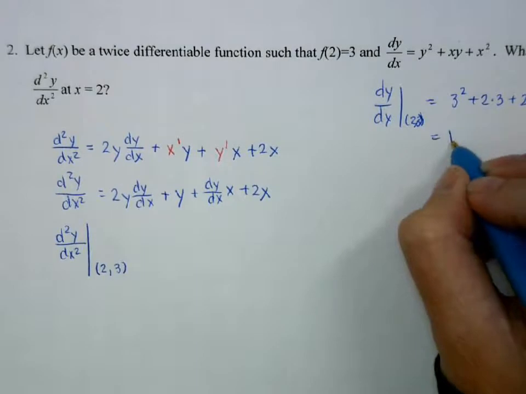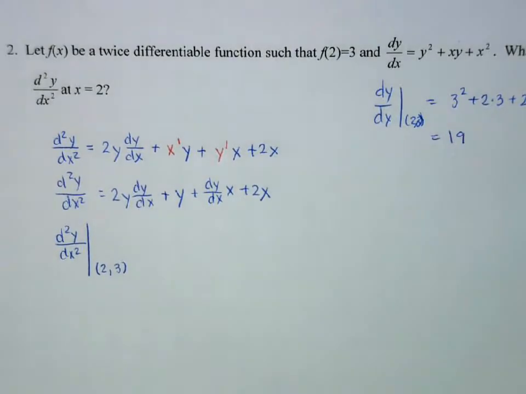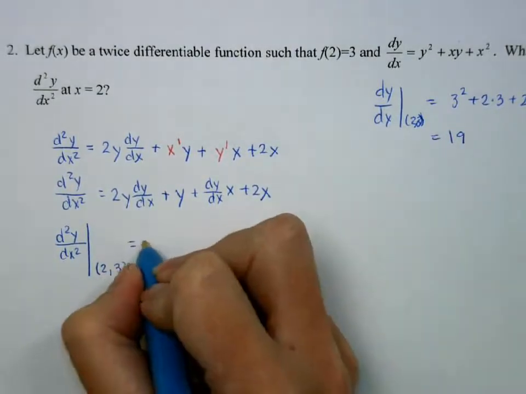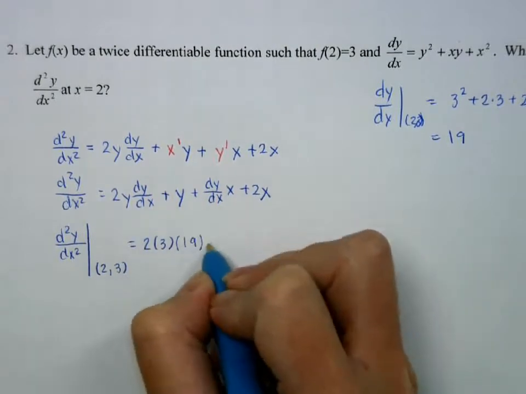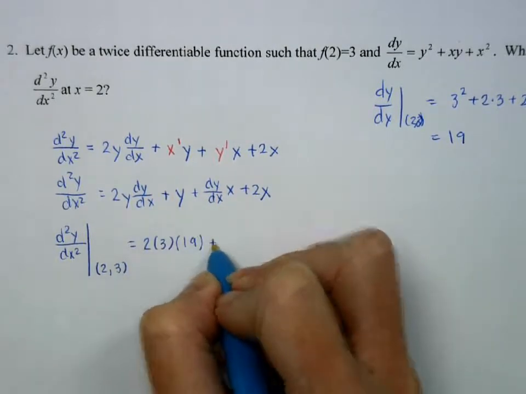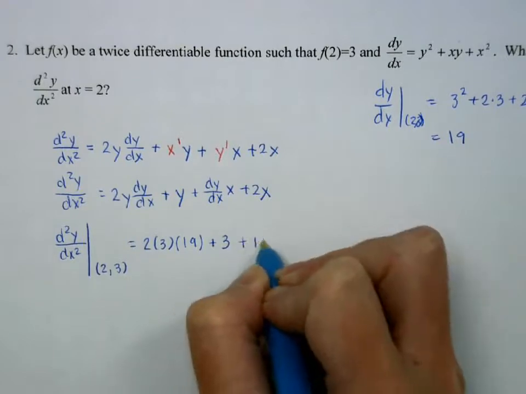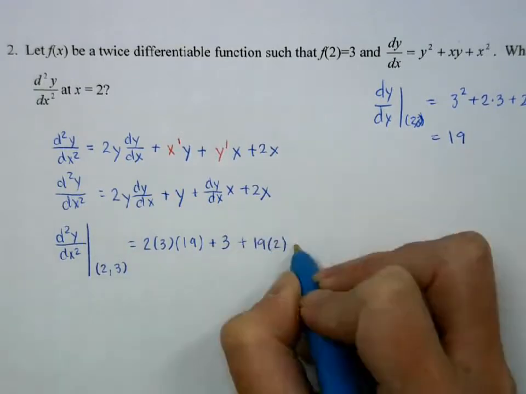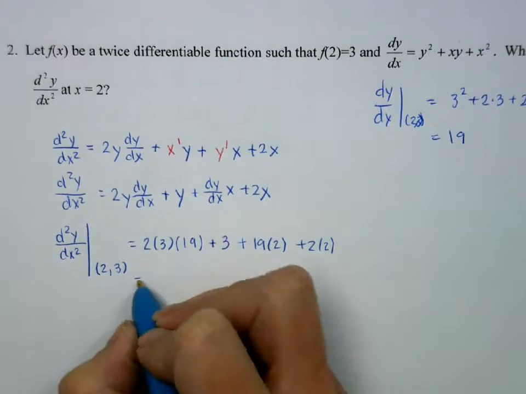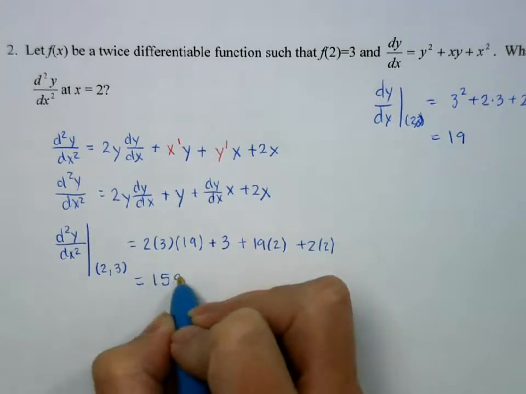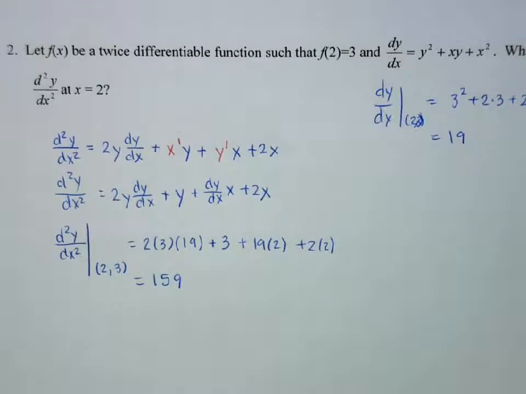And you have a calculator on this part. So that's 19. So this will be 2 times 3 times 19, plus y, which is 3, plus 19 times x, which is 2, plus 2 times 2. In our calculator, that gives us 159.